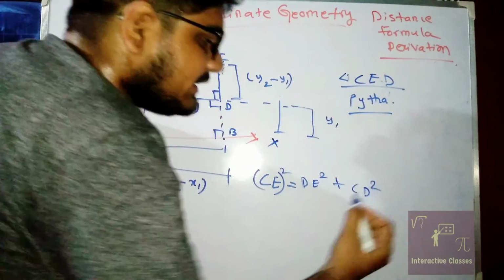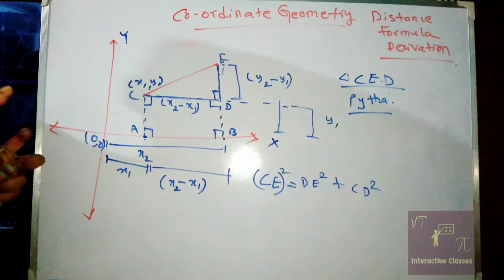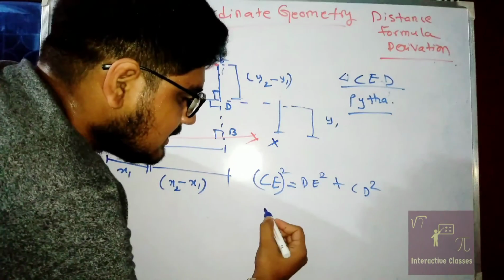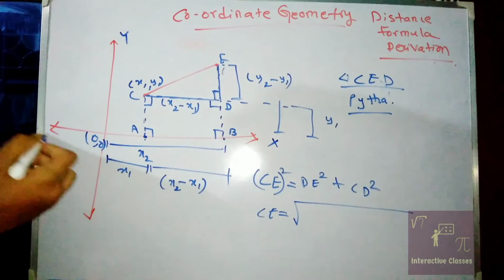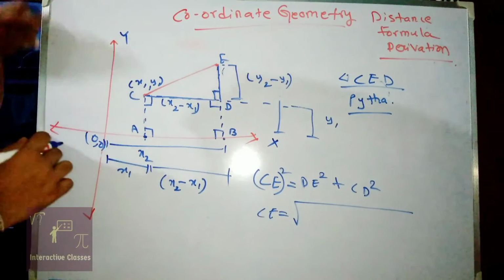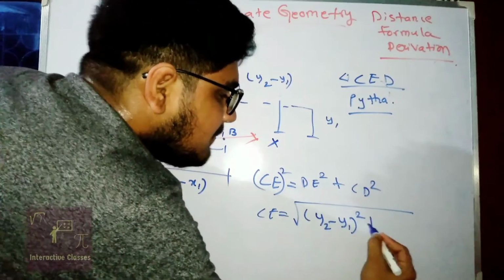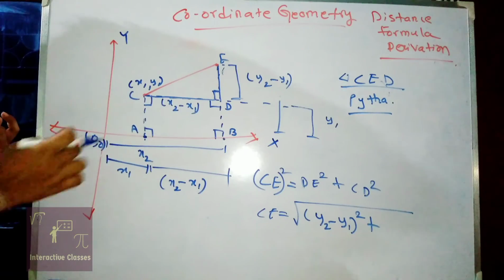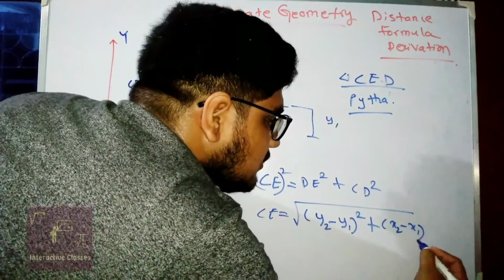This is the Pythagoras theorem, that hypotenuse square equals base square plus perpendicular square. Then CE will be root over DE square plus CD square. Now DE is y2 minus y1 whole square plus CD is x2 minus x1 whole square.